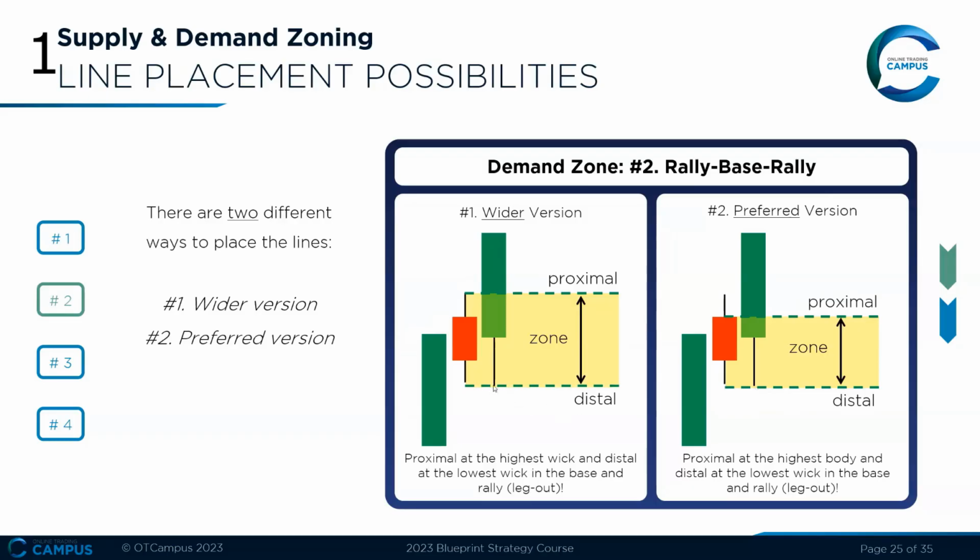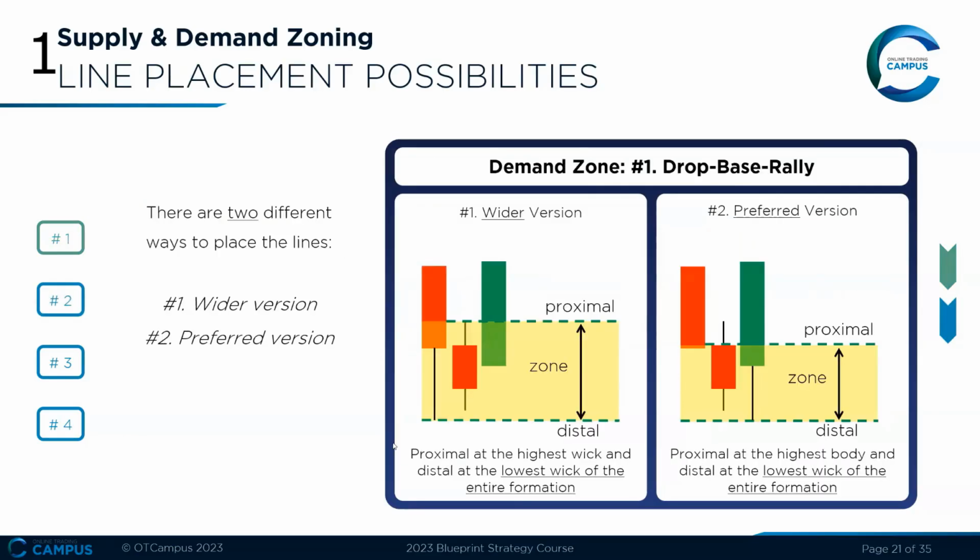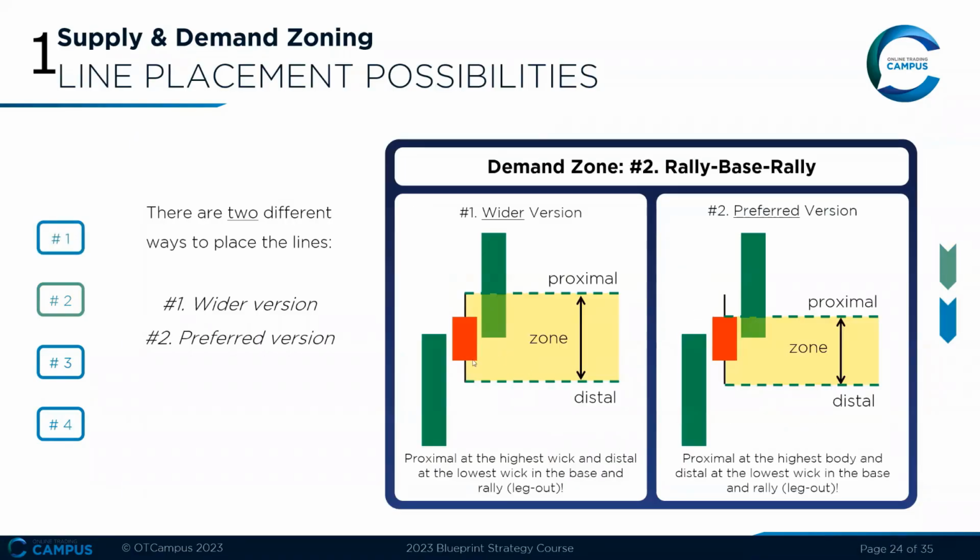We would cover ourselves with that long wick of the leg out, right? See the difference here? And the difference to this is we would also cover ourselves with potentially the entire formation, where we're also looking at the leg in, as well as the base, as well as the leg out. And here we're only looking at the base versus the leg out. The leg in, in terms of the wicks, doesn't matter.